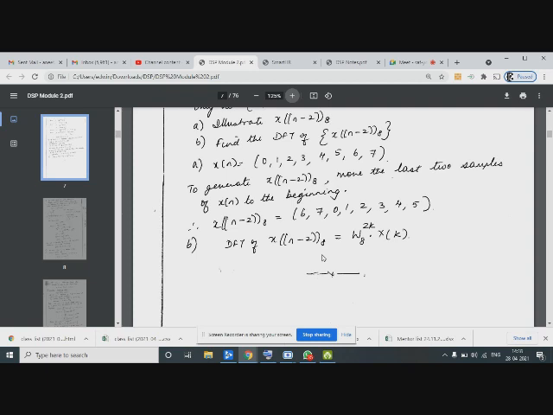Solve it, and check the DFT like this, or individually take the LHS and RHS. You must verify it. An 8-point DFT will take time to do. All of you must do these problems and submit them. Whatever homework I have given, I will monitor it.